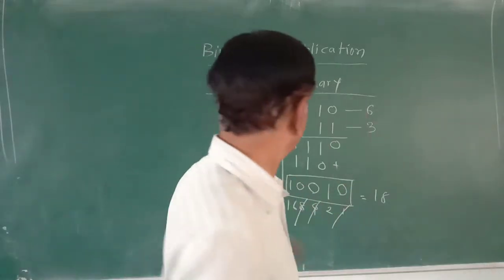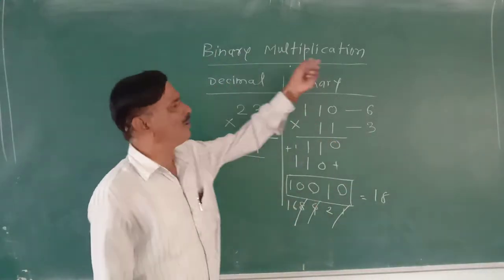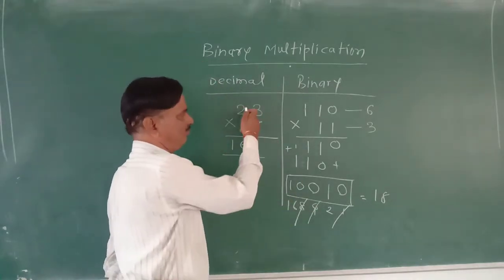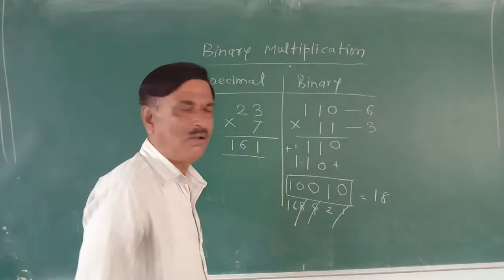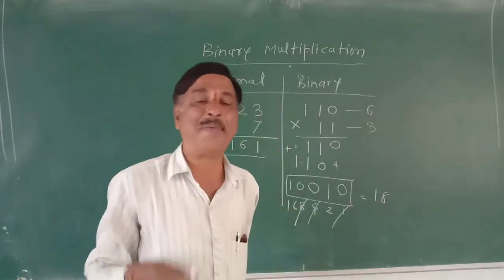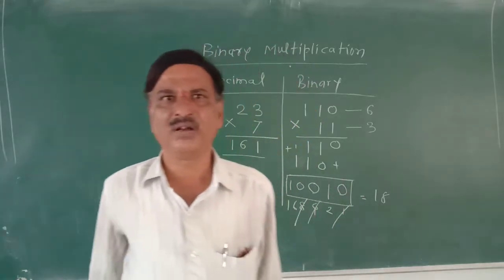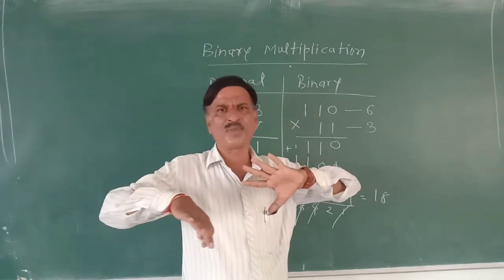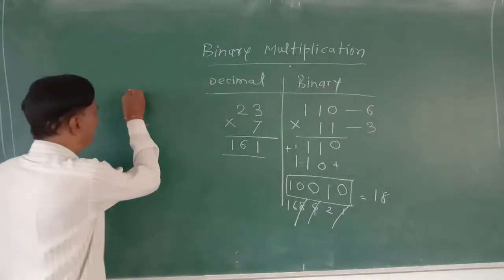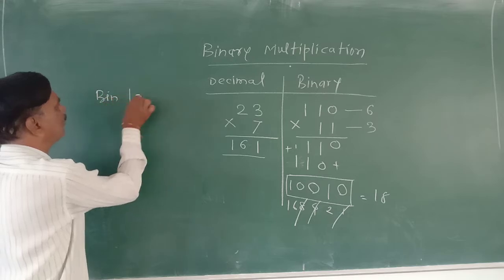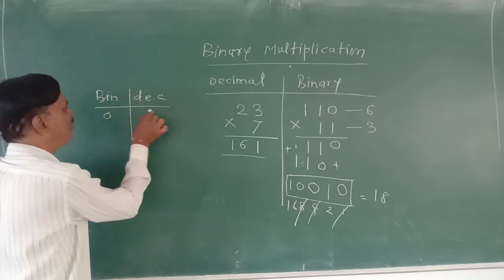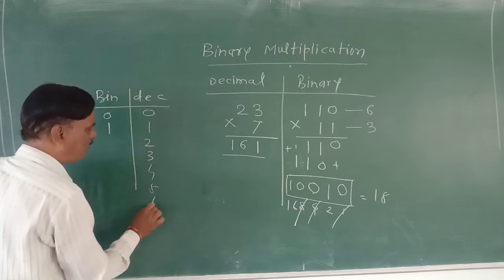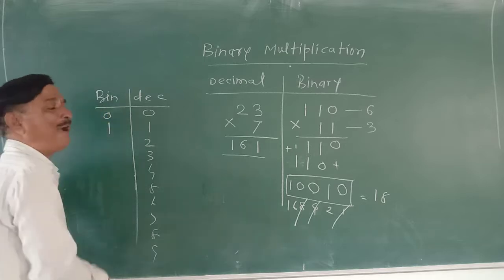So in the same way, we perform binary multiplication just like decimal. We adopted the same pattern, same method, and technique. Why? Because we have seen the table of binary and decimal. In binary, 0 equals 0 and 1 equals 1, but 2, 3, 4, 5, 6, 7, 8, 9 are not available in binary.